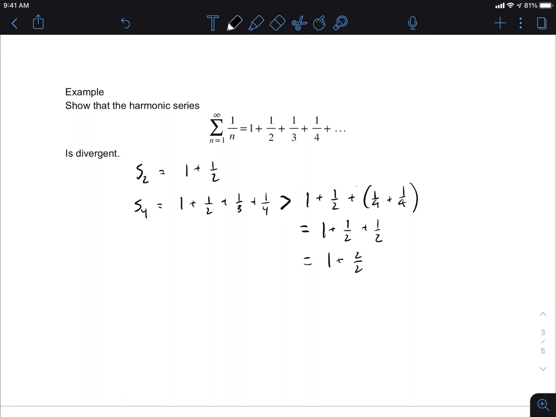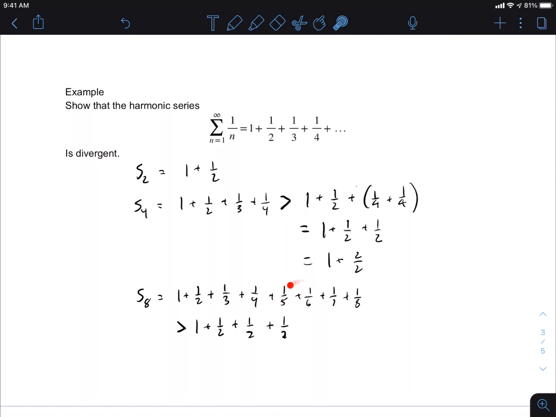The next one that I would do would be S sub 8, and that would be 1 plus 1/2, 1/3, 1/4, 1/5, 1/6, 1/7, 1/8. And again, that is bigger than 1 plus a half plus a half plus a half. What I'm doing here is I rewrote this as 1/4, so these two 1/4 would become this additional half.